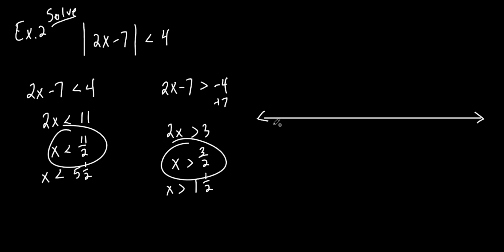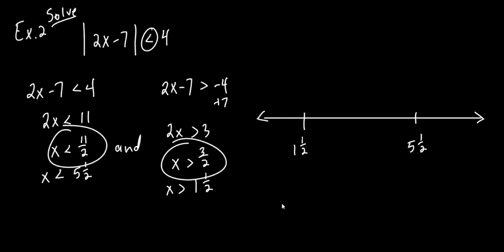Okay. So what's the smaller number? 1.5, right? So I'll just put 1.5 right there. I don't even have to put all the dotted things. Then 5.5, put that right there. Now what does this say? It says it's less than 5.5, and remember, the "and" means it's greater than 1.5. So where am I shading?